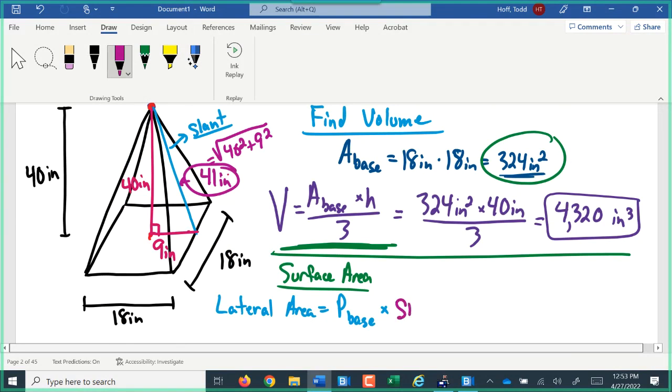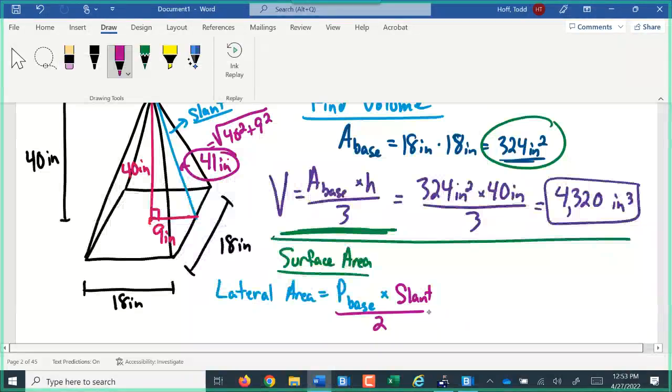Let's use that slant. Now, what shape are those lateral surfaces? Triangles. They're triangles, and when we find areas of triangles, we divide by 2. So the lateral area changed up slightly. Now it's the perimeter of the base times the slant rather than the height, and it's divided by 2 because they're triangles.